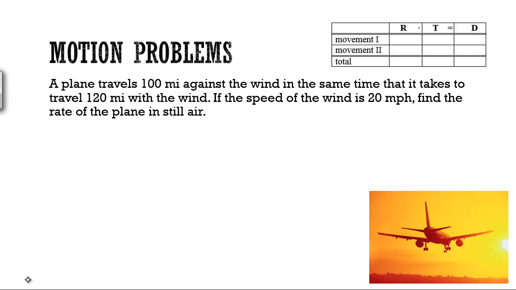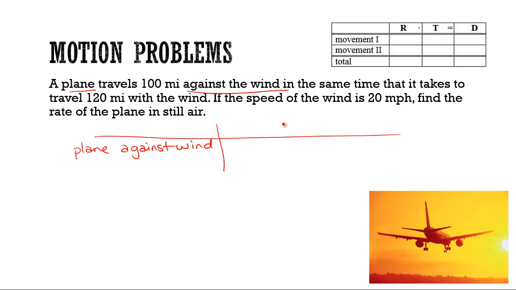Let's try another one. So what's our component here? We've got a plane that travels against the wind in the same time, so rate times time equals distance.